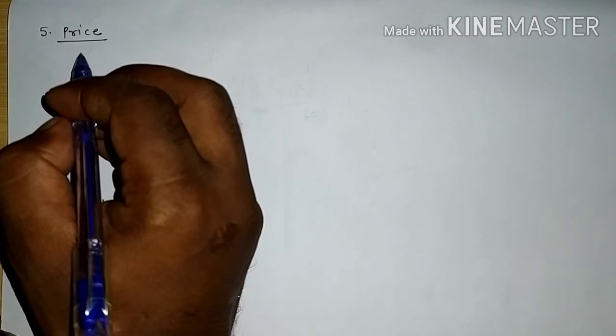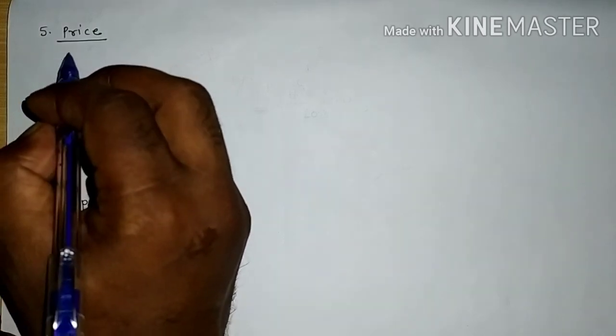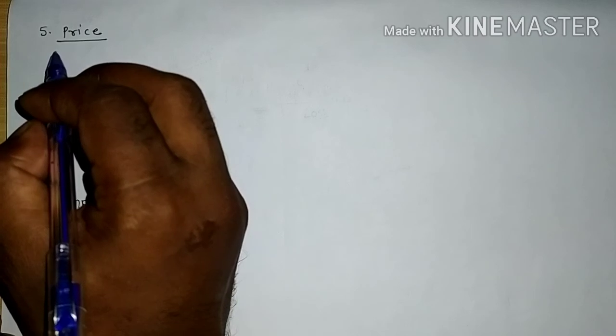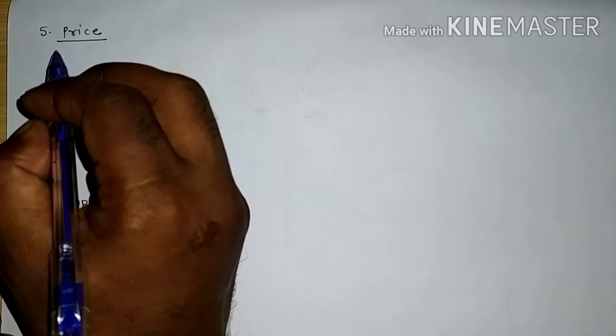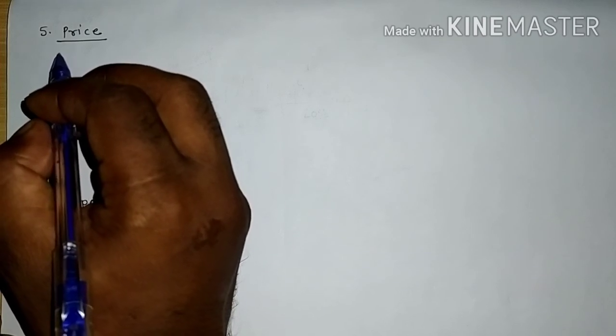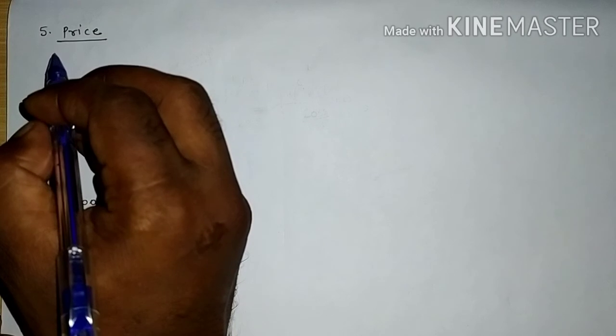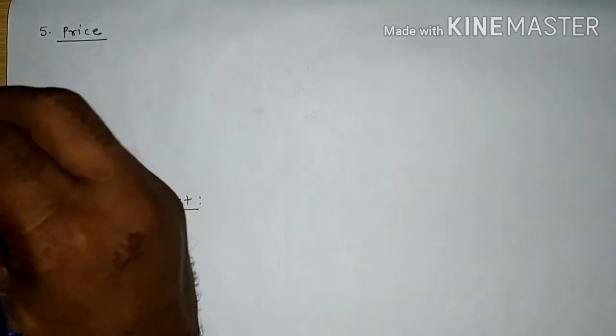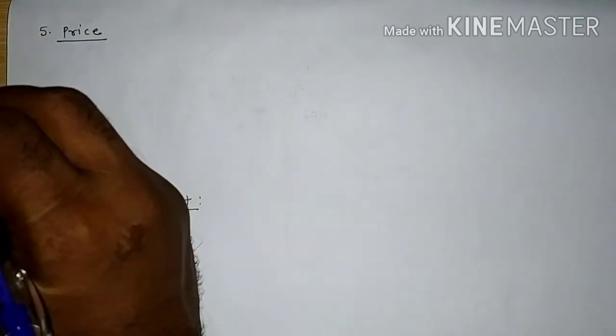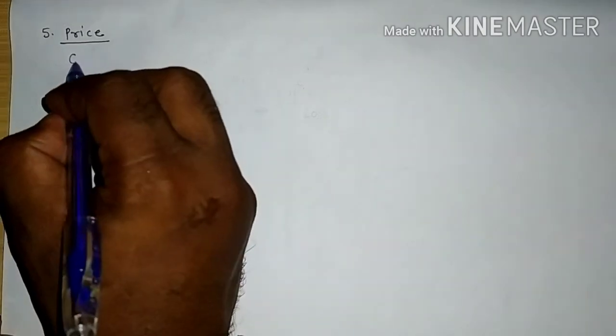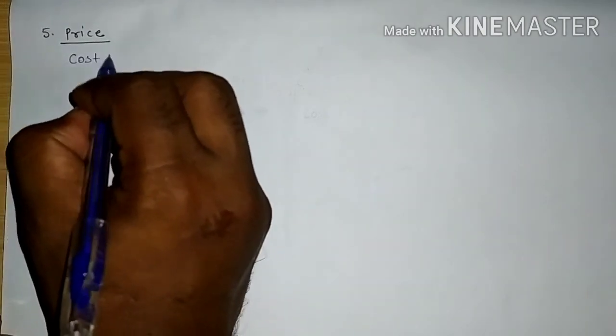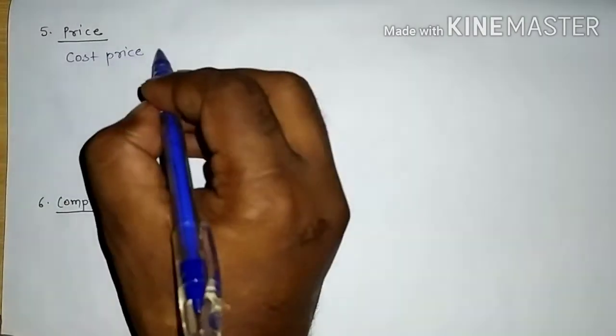The price at which the seller sells is called the selling price, and the price at which he gets the things from anywhere is called the cost price. Cost price is denoted as CP.